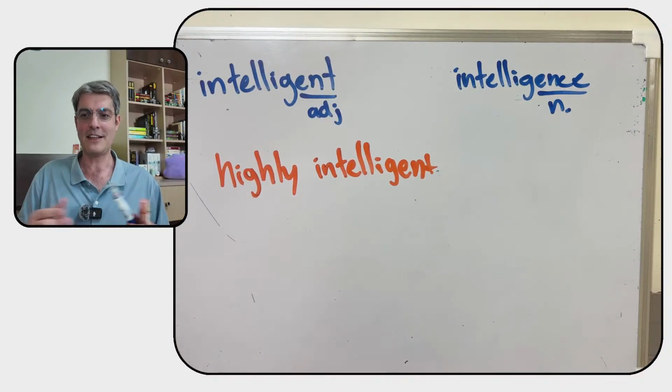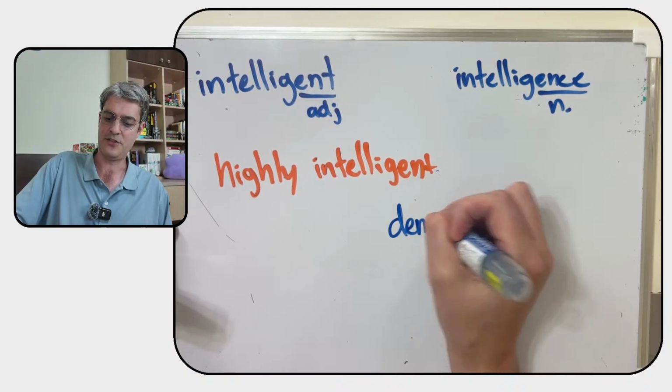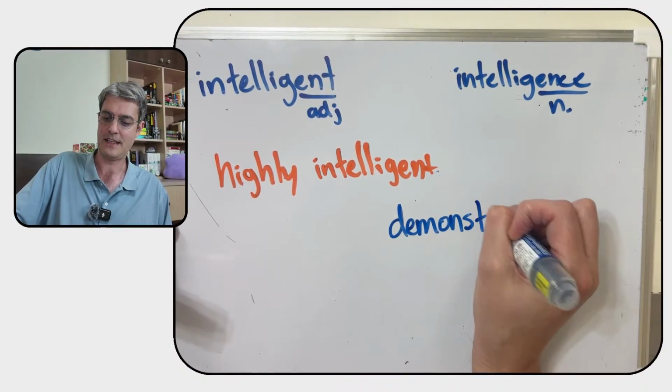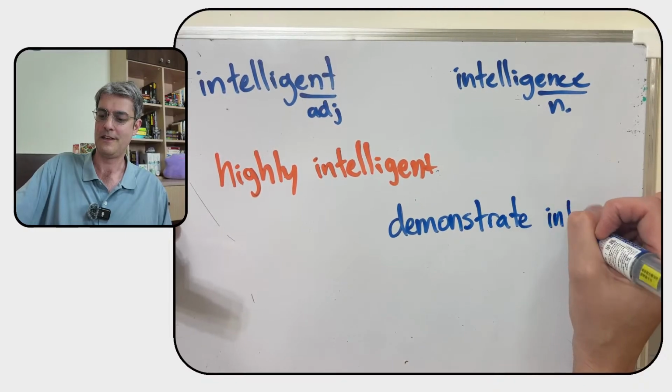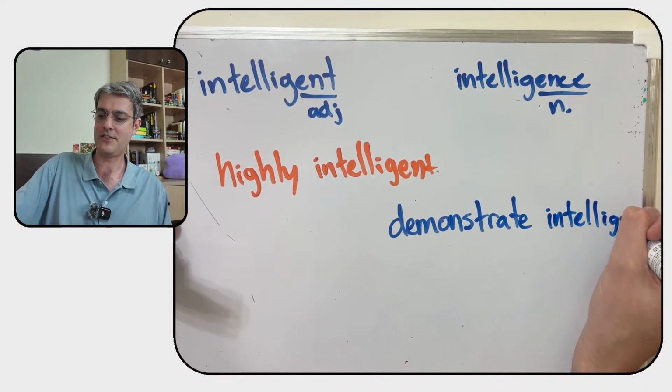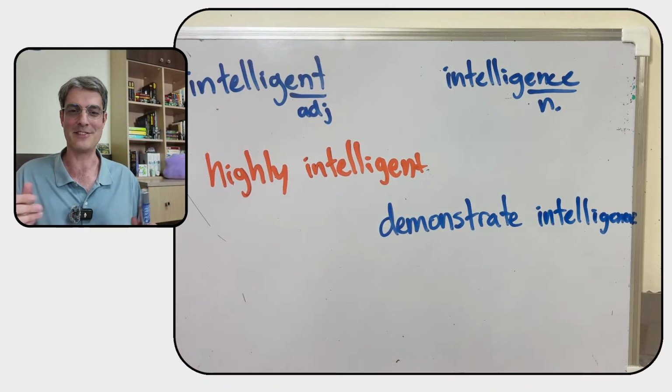And then with intelligence, we have the common collocation to demonstrate intelligence. This just means to show intelligence.